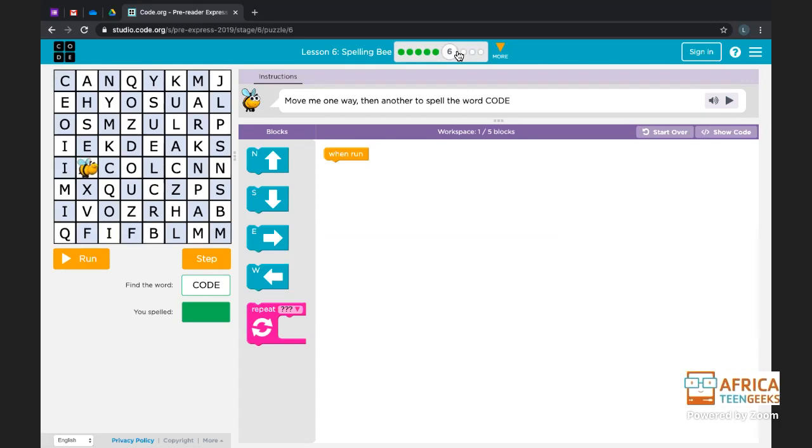Move me one way, then another way to spell the word code. Let's see if we can find the word code. Who would like to answer this one for us? Oyanda, are you going to answer this for us today? Yes, ma'am. All right.